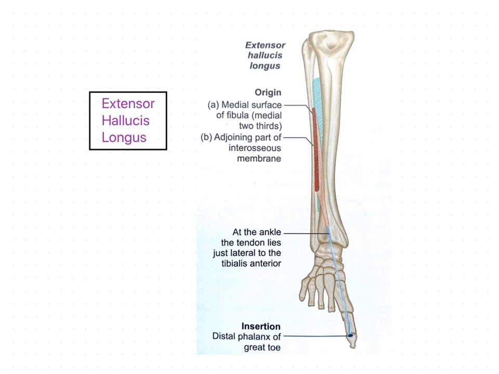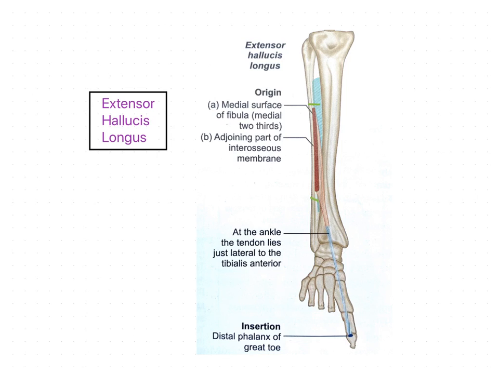So this extensor hallucis longus is originating from the posterior half of the middle 2/4 of the medial surface of the fibula, okay, medial to the extensor digitorum longus, and also the adjoining part of the interosseous membrane.